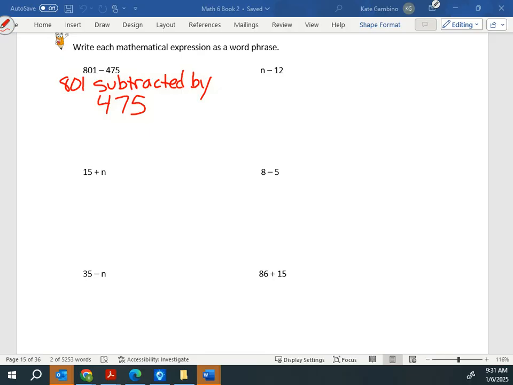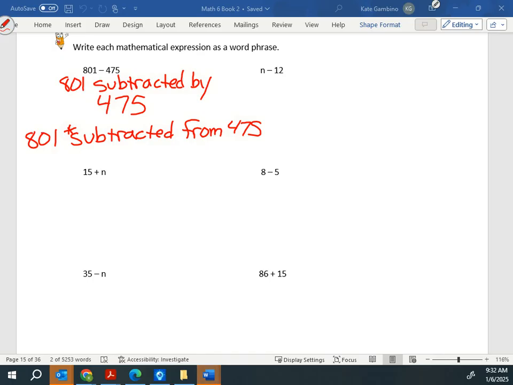Oh, be careful about that. This is how we worded it: 801 subtracted from 475. But remember that subtracted from had a star next to it. What did that star tell us to do? Who remembers?